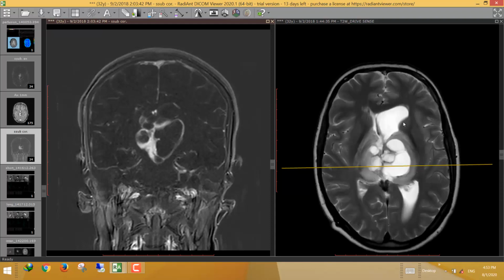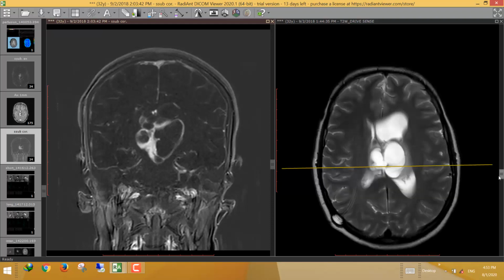So we put the differential diagnosis for such lesions. There are two main possibilities for an intraventricular mass lesion in an adult: either subependymoma or central neurocytoma.